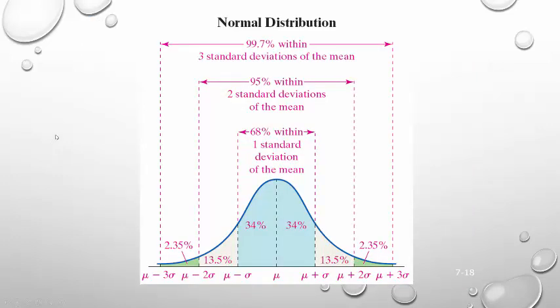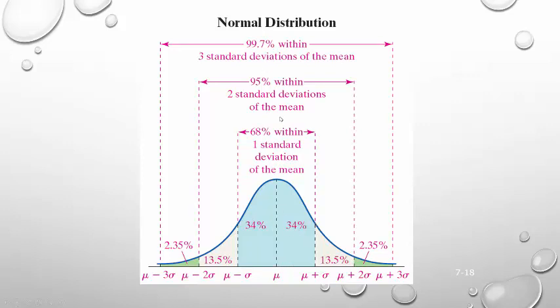So here's a visual of that. If you just look right here in this turquoise color, within 1 standard deviation of the mean on each side, it's 68%. And because it's symmetric, that means between the mean and 1 standard deviation down is 34, and between the mean and 1 standard deviation up is 34.